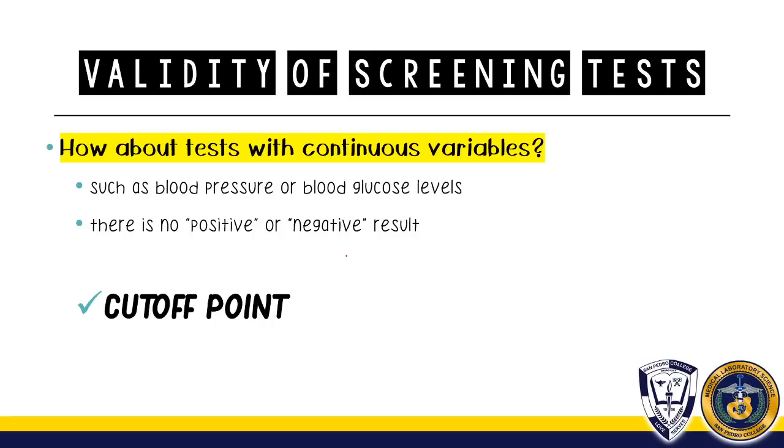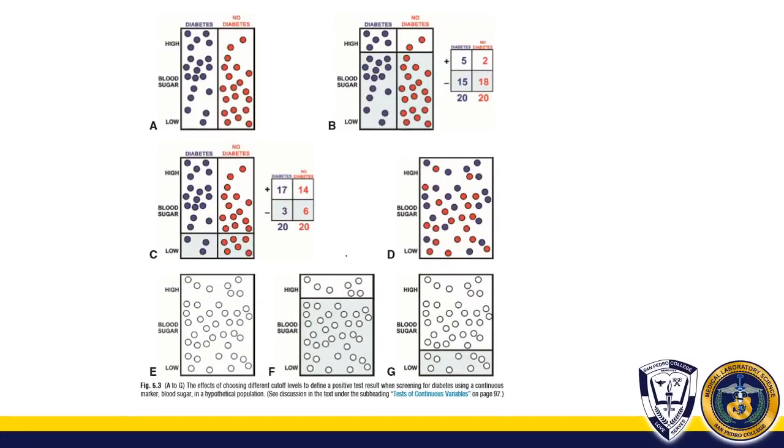Now, before discussing further what this cutoff point is all about, let us refer first to this image. This portion emphasizes how important it is to set the correct cutoff value for each of your tests.